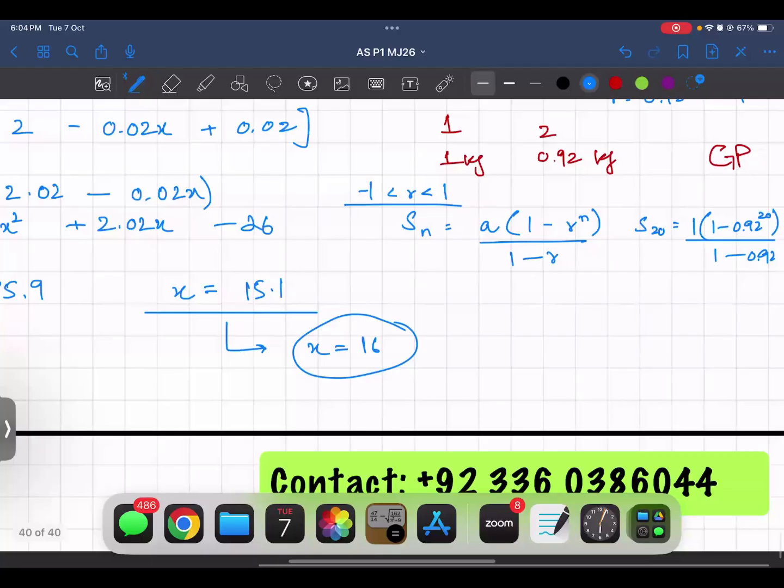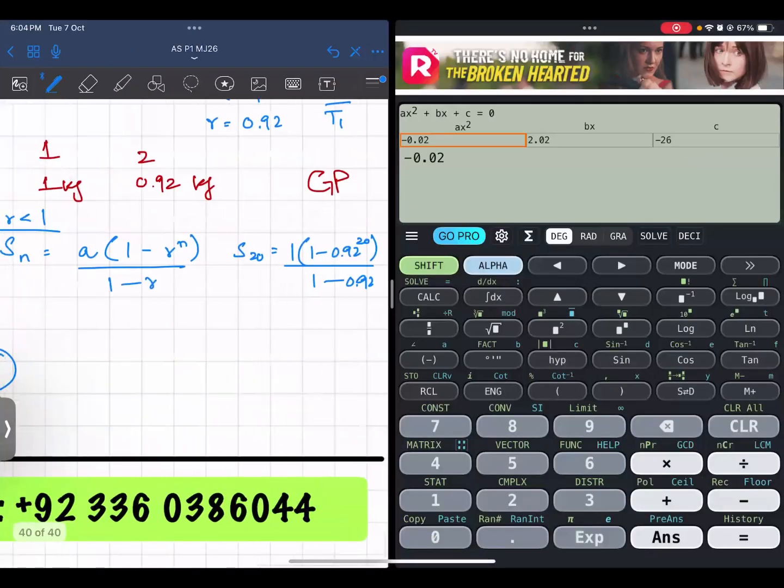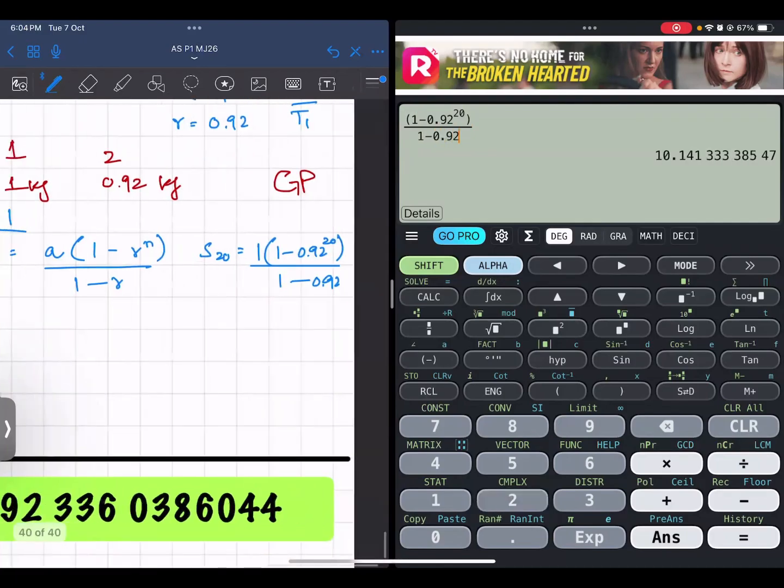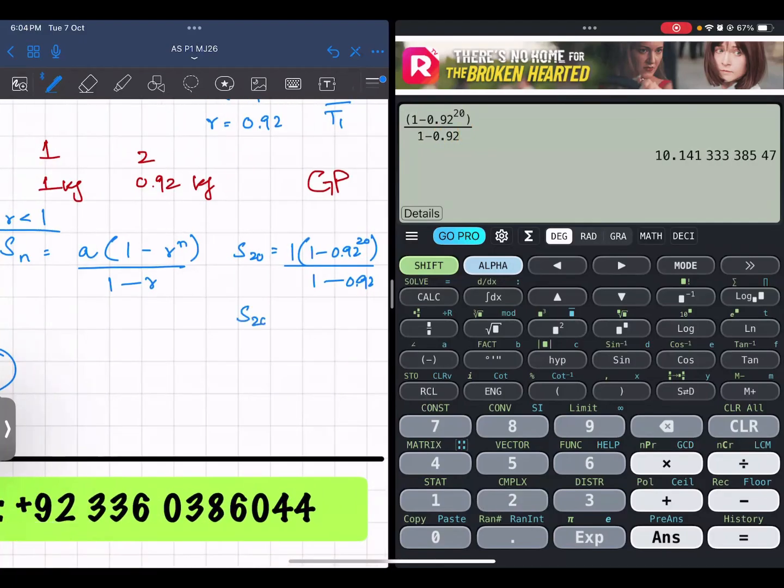And how much is this? You'll use your calculator. So he loses a total of 10.14 kilograms.